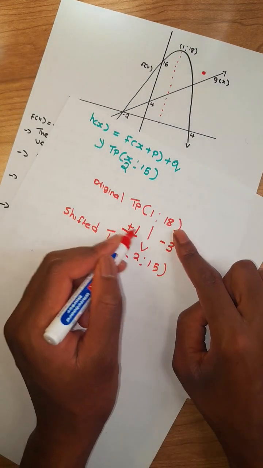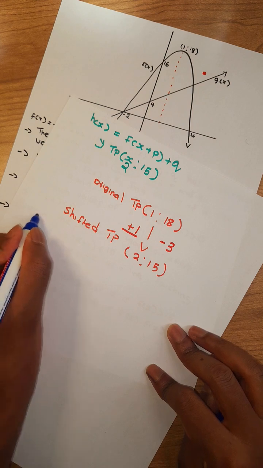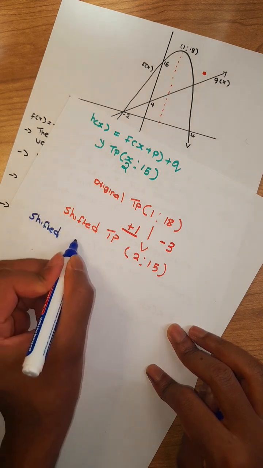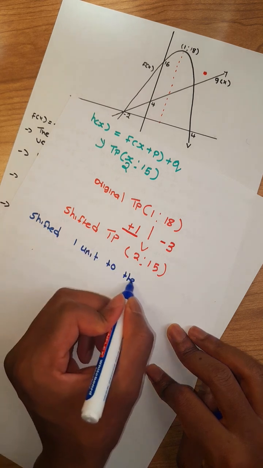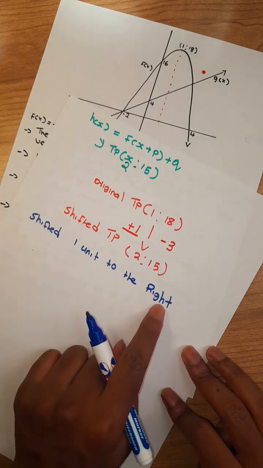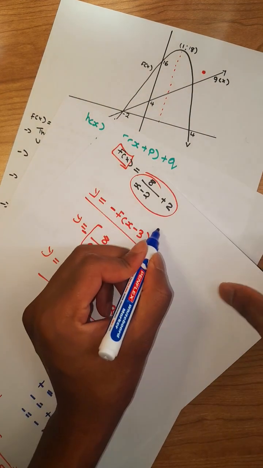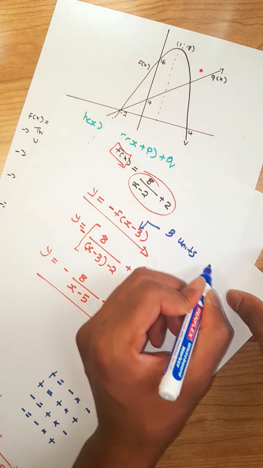Let's just write it, just plus 1. So we can say that this graph has shifted 1 unit to the right. But how do we write it when we shift something 1 unit to the right? I want to go back. You remember that this function was shifted 3 units to the right.